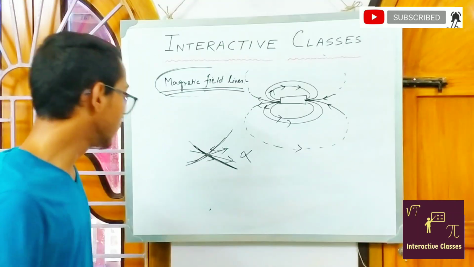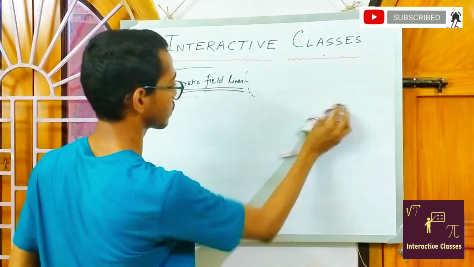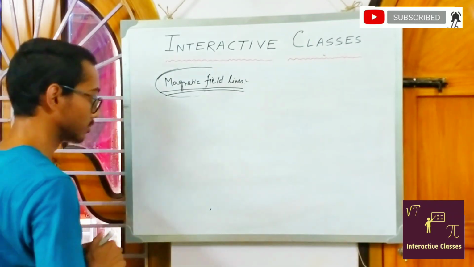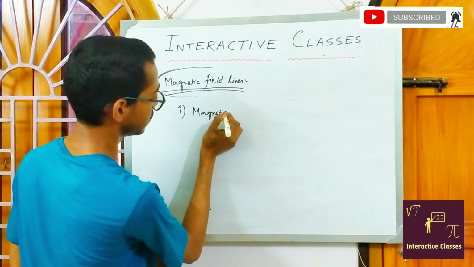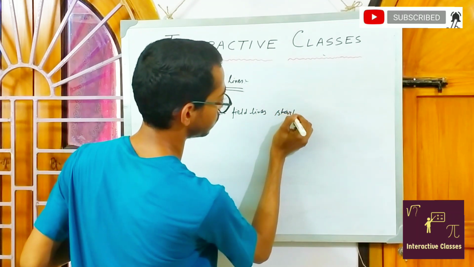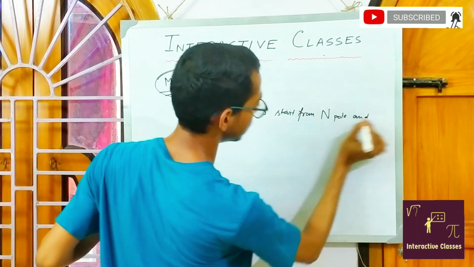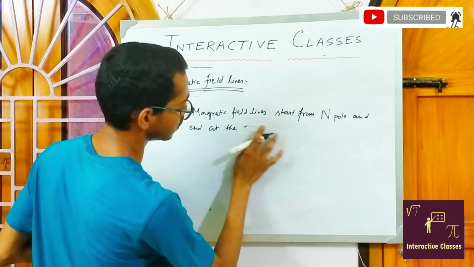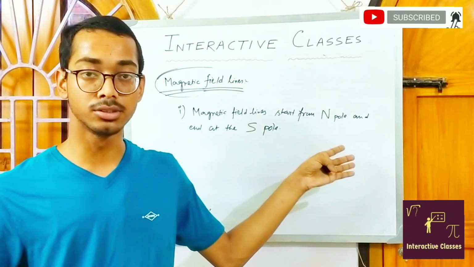Now let me write down the properties one by one so that you can note it down. Magnetic field lines start from the North Pole and end at the South Pole.